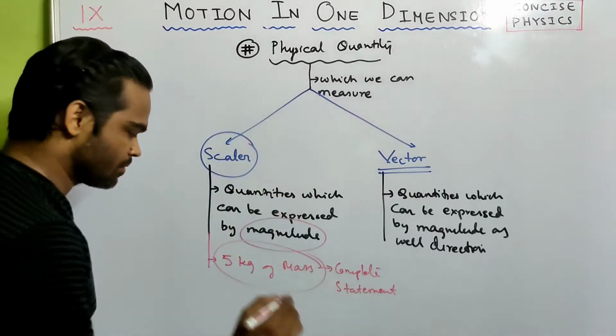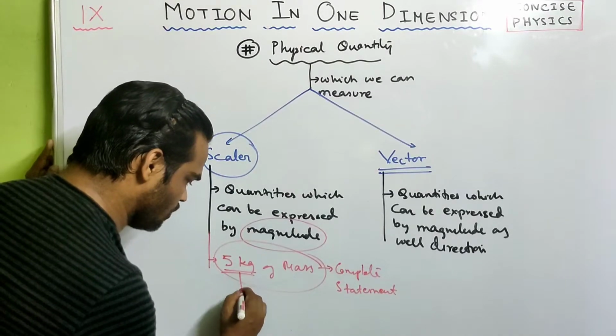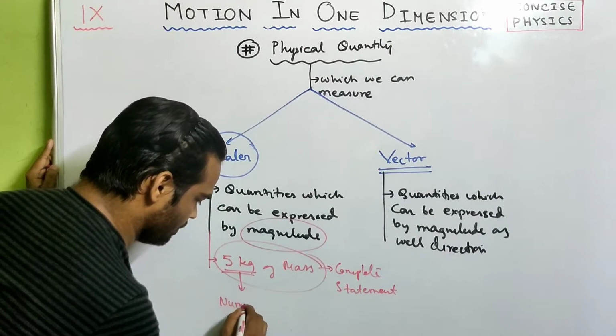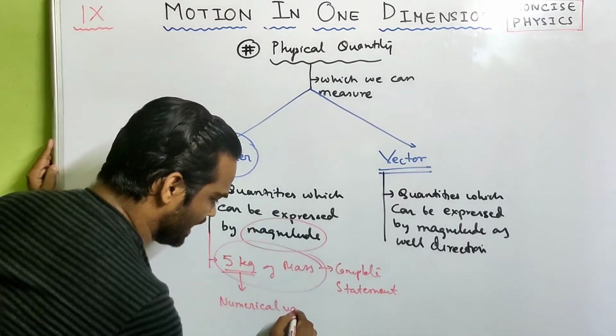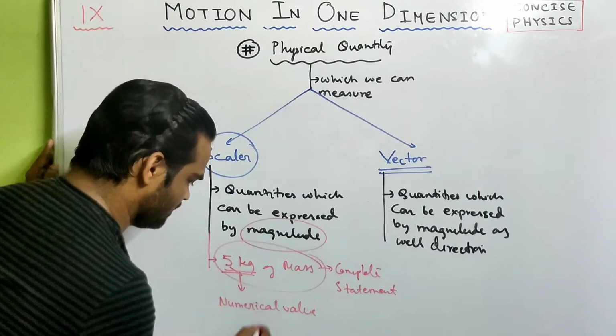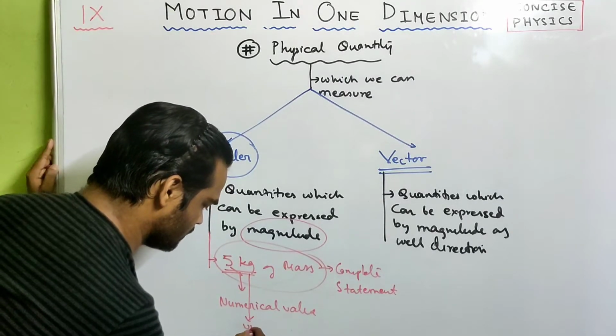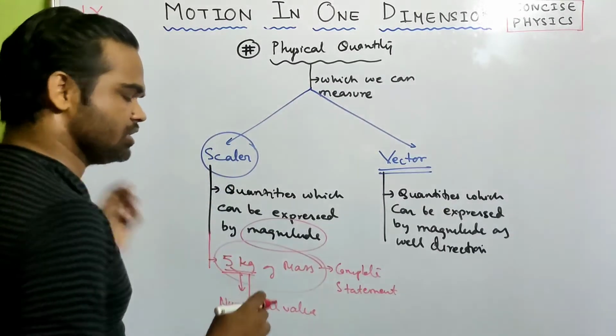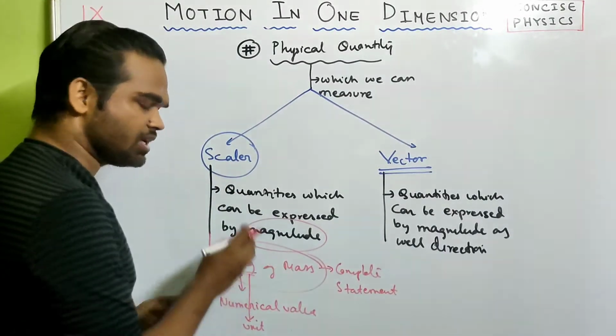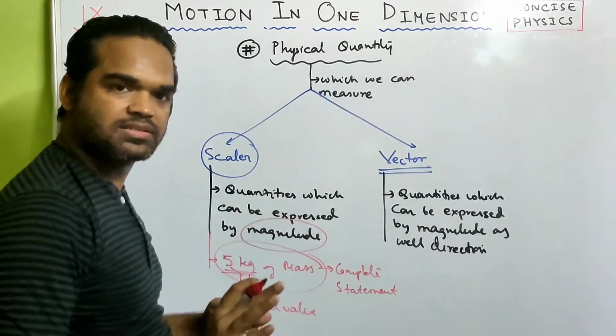This, if you look carefully, has two parameters. A numerical value which is 5 and a unit which is kg. And this is enough to express mass.